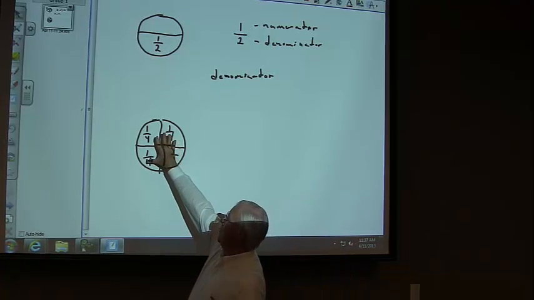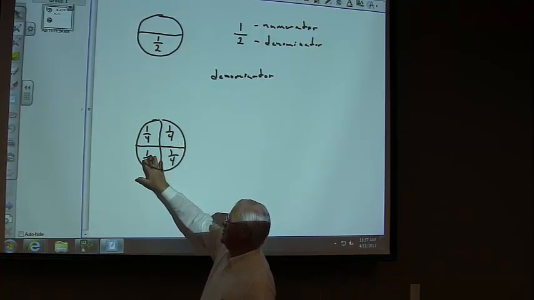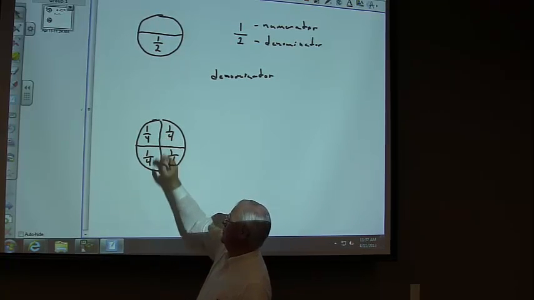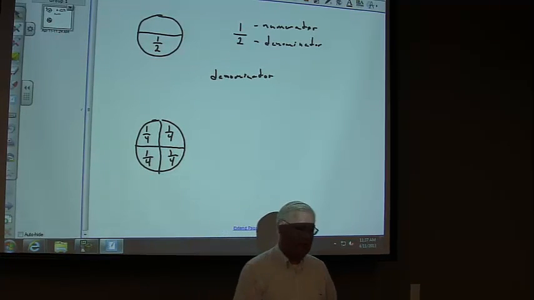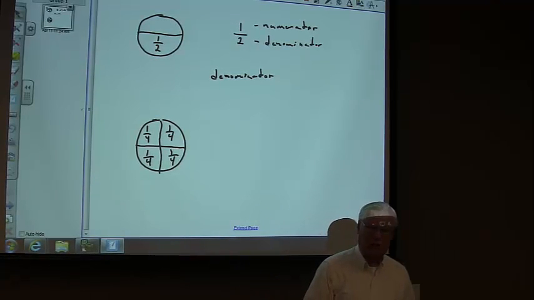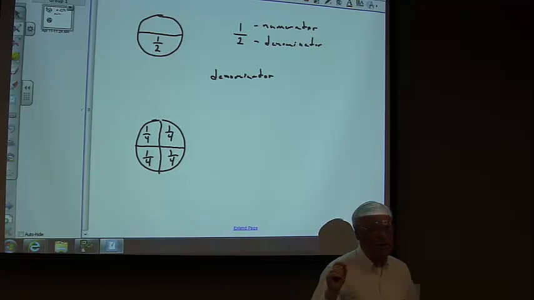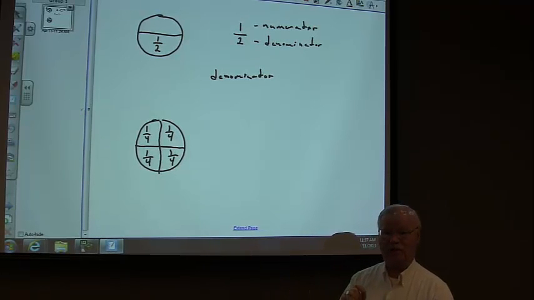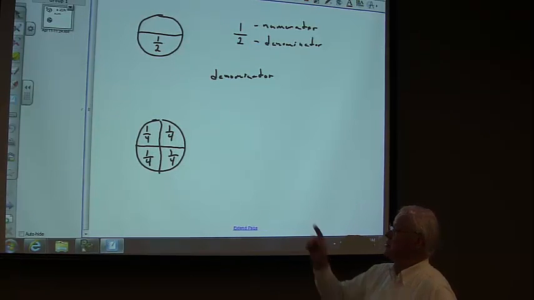This is 1 whole pie divided by 4, so this is 1/4 of it. This is another fourth, another fourth, and another fourth. And if I add those up, how many do I have? I have 4/4.